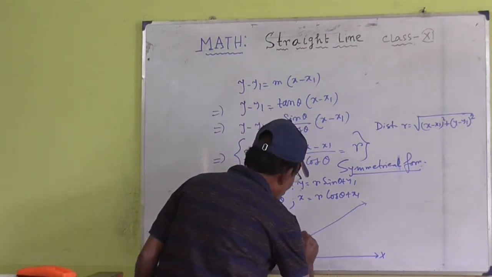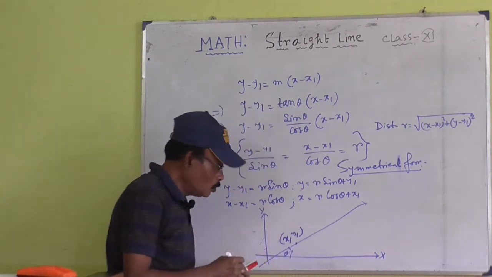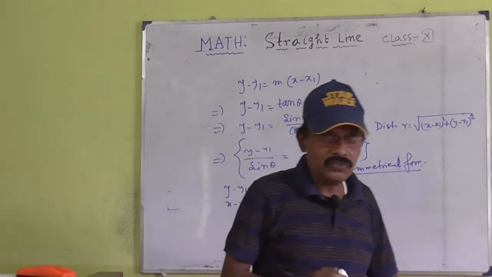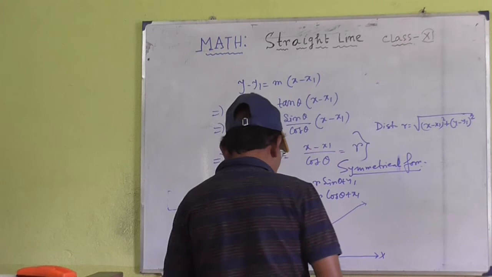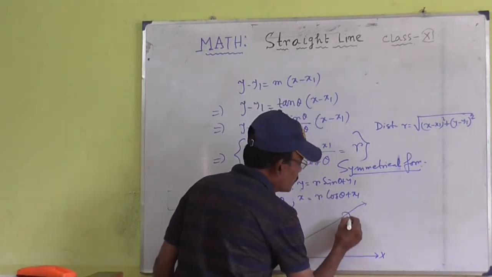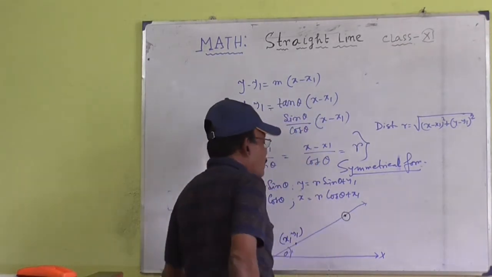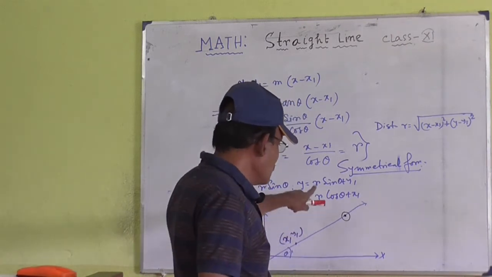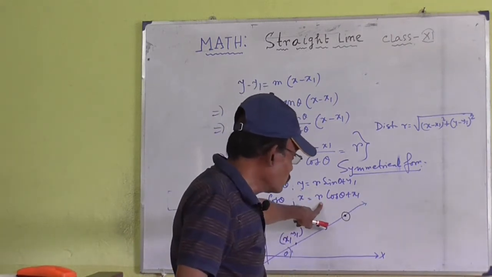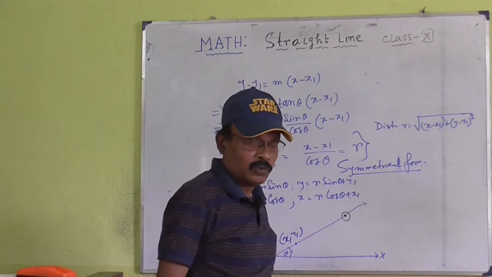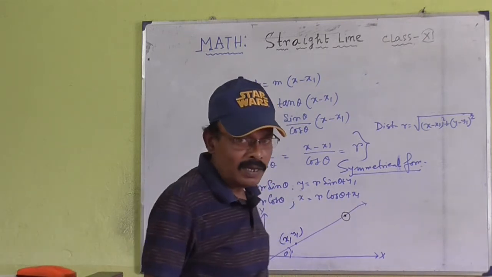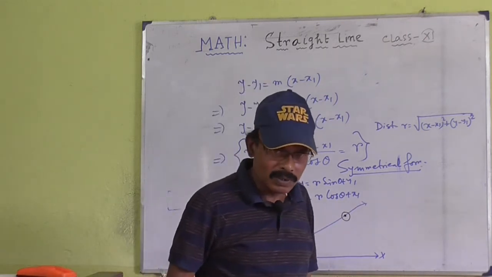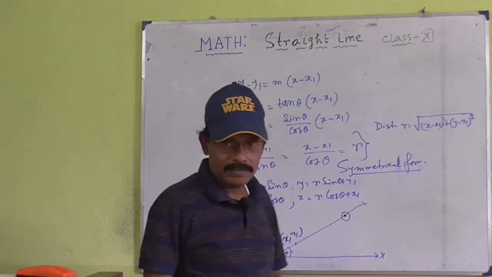See, if we choose any point on this line, (x, y), then x is r cos theta plus x1 and y is r sin theta plus y1. Okay. What is r?